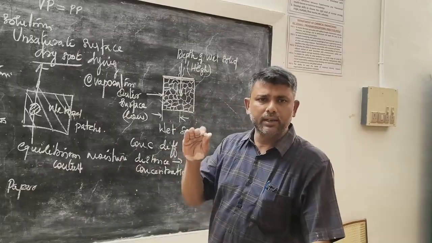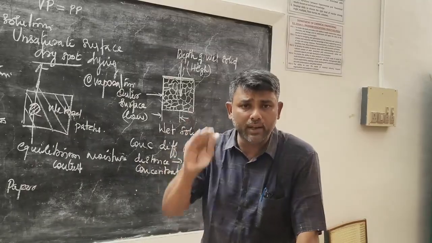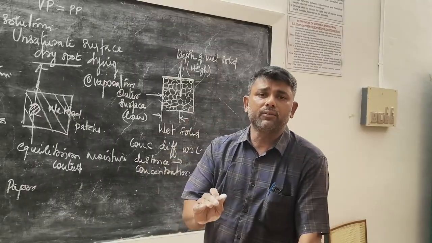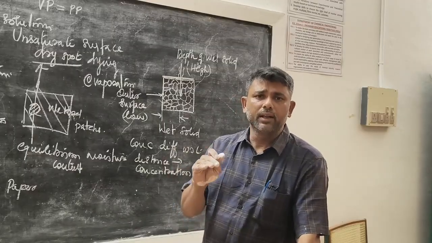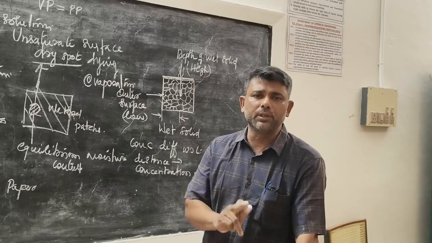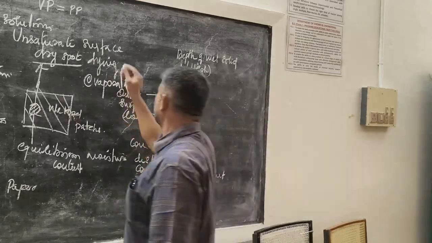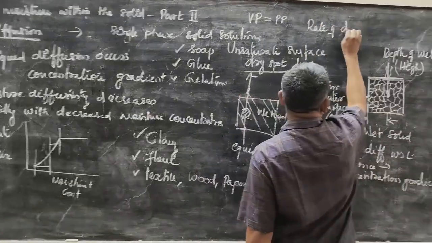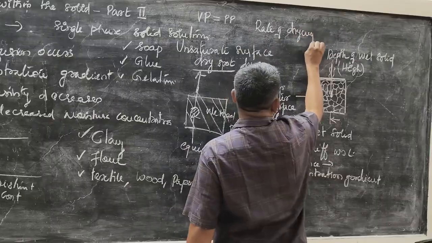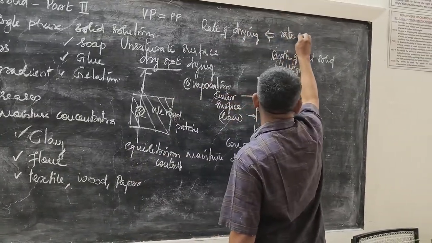Hereafter, the important information is that the drying rate is completely controlled by the rate of diffusion. This is the important point in liquid diffusion. Rate of drying is completely controlled by rate of diffusion.